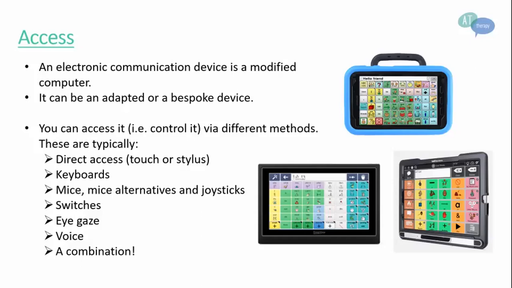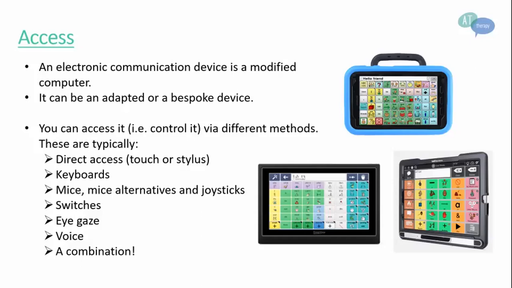So there's kind of three main big companies in the UK that make these bespoke devices. So we've got Liberator, Tobii Linebox, and Smartbox, but there are a whole host of other smaller companies as well that do some really great communication devices.